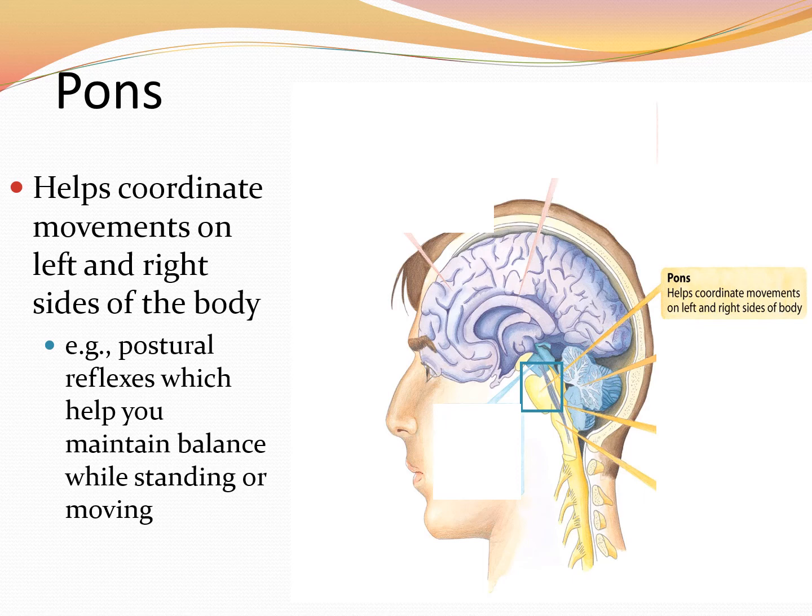So the pons, this would actually be the fourth one up here, helps coordinate movements on the left and right sides of the body. An example of this could be postural reflexes, which help you maintain balance while standing or moving. So key thing here, it coordinates movements on the left and right sides of the body, so pretty much it helps you balance. And as we move on, you're going to see the cerebellum does this as well.